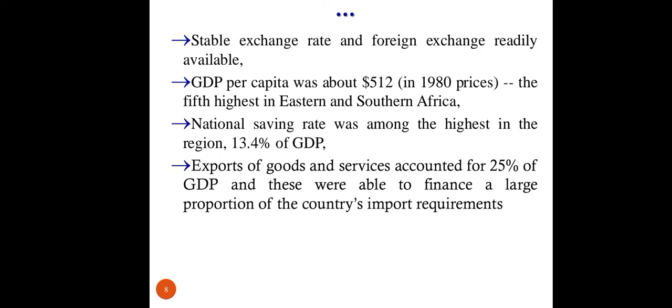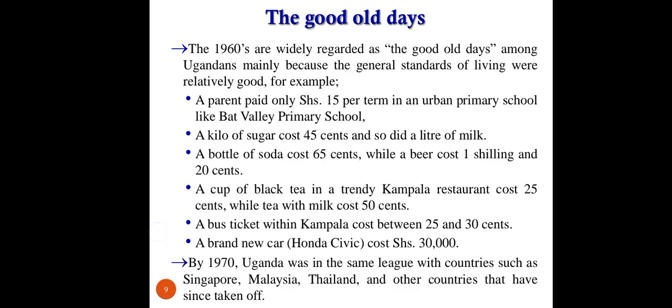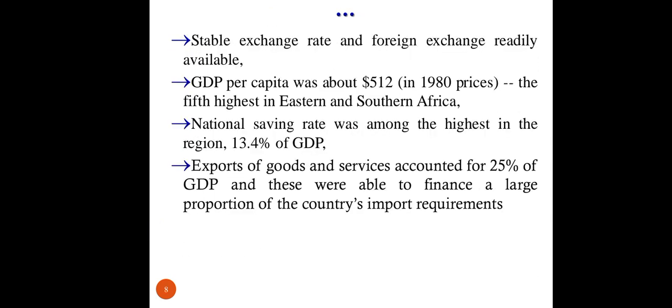Then we had a national saving rate of 13.4% of the GDP, and it was among the highest in the region. Exports of goods and services accounted for 25% of GDP, and these were able to finance a large proportion of the country's import requirements. So that is all for today.